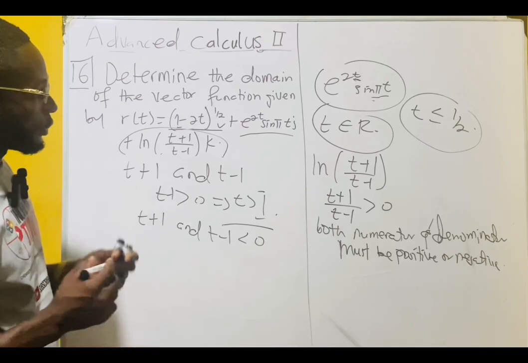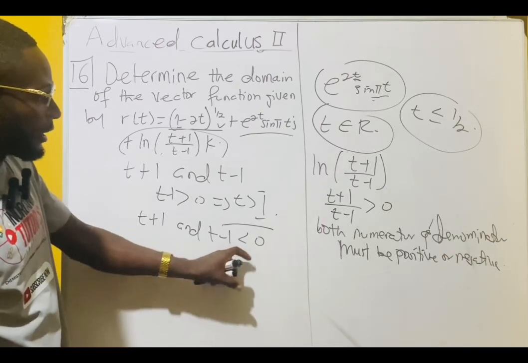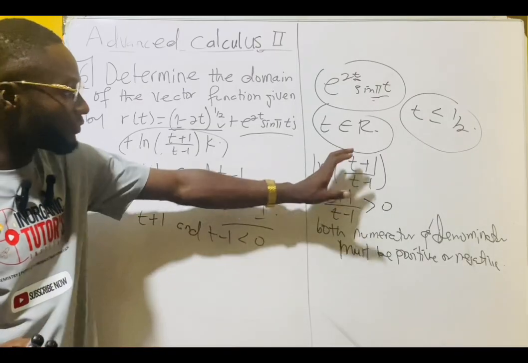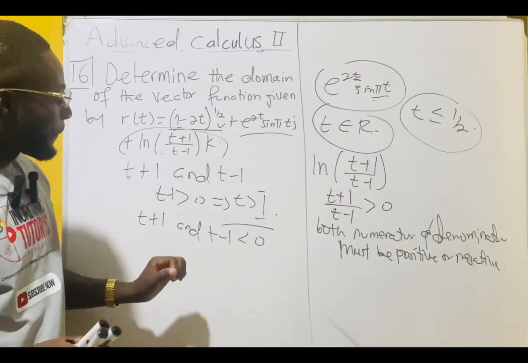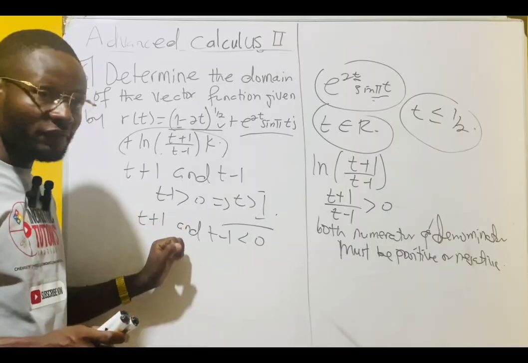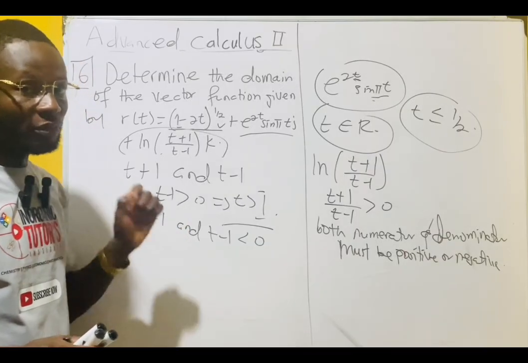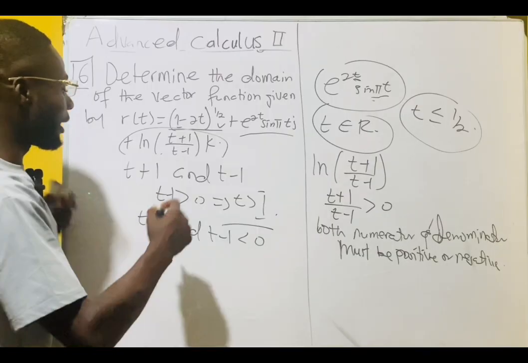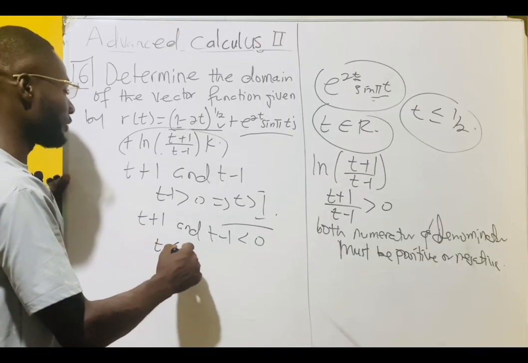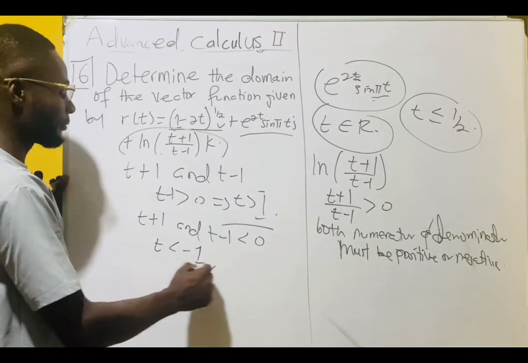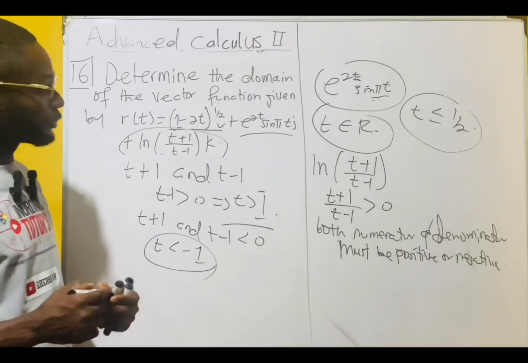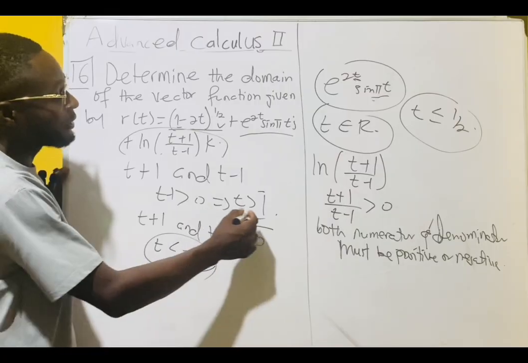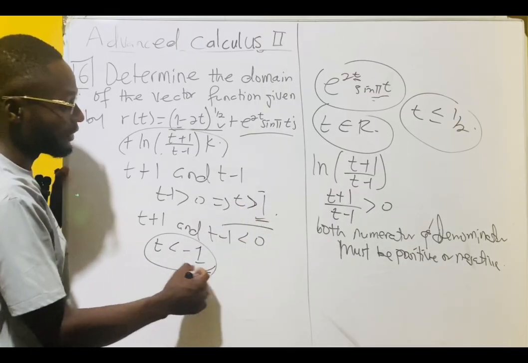Right? So if you are considering all to be positive, both numerator and denominator, and if you're also considering that both numerator and denominator should be negative, then all should be, right? So with that, we have negative 1, right? So we have positive 1 and we have negative 1.